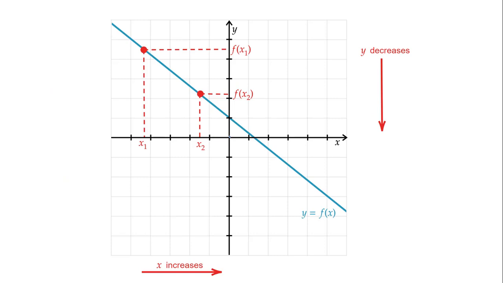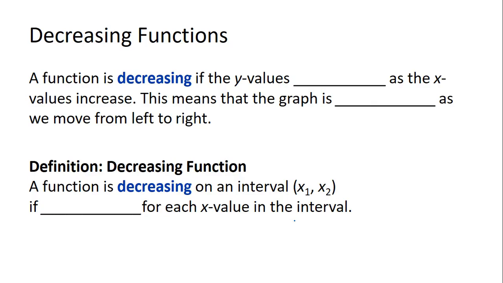Now on the screen we have a picture of a line that, as we move from left to right, is going down. So as we go to the right, that is as x is increasing, the graph is going down, which means that the y values are decreasing. So we say this is a decreasing function. A function is decreasing if the y values decrease as the x values increase.